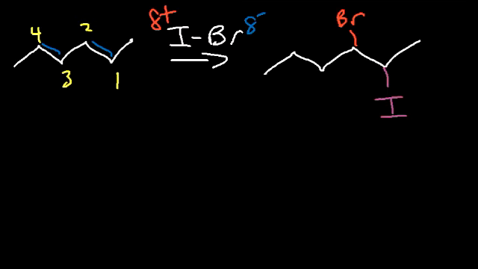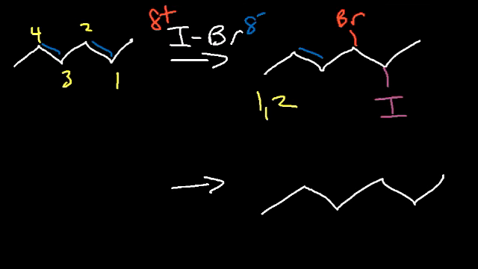And a double bond is going to remain between carbons 3 and 4. So this is the 1,2 product. And to draw the 1,4 product, iodine is going to stay on carbon 1, but the bromine is going to rearrange to carbon 4. And the double bond is going to be between 2 and 3. So that's the 1,4 product.